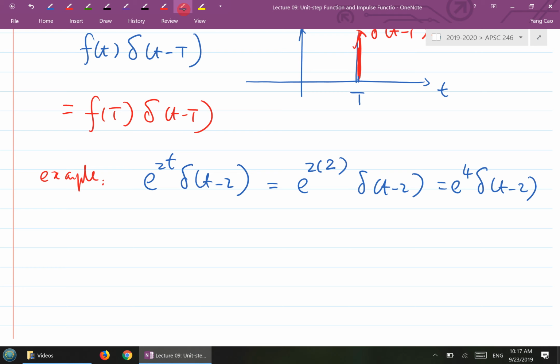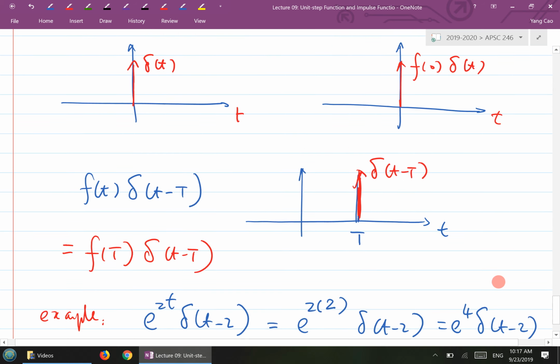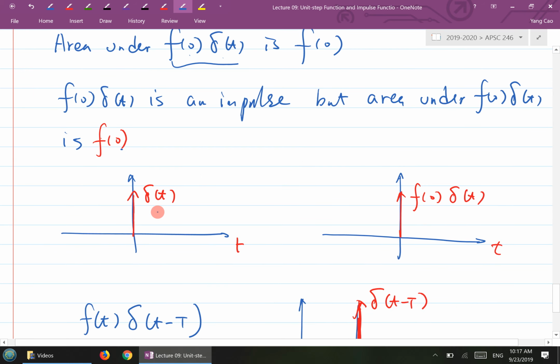I might not be able to finish the next property, but we can get started. The next property is called the sampling property. By the way, maybe I should mention this again here. When we define delta t, we know what it is. And when we have f of 0 or any other value times delta t, I also explained the difference between these two.